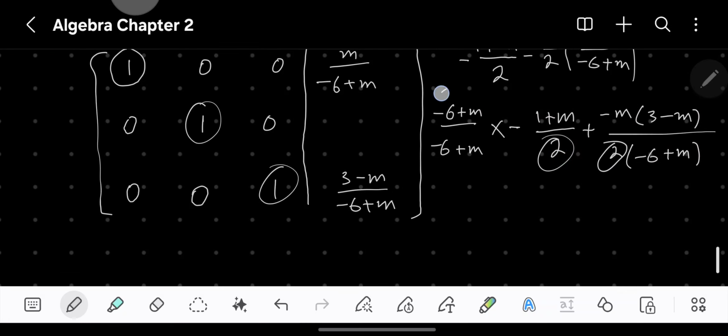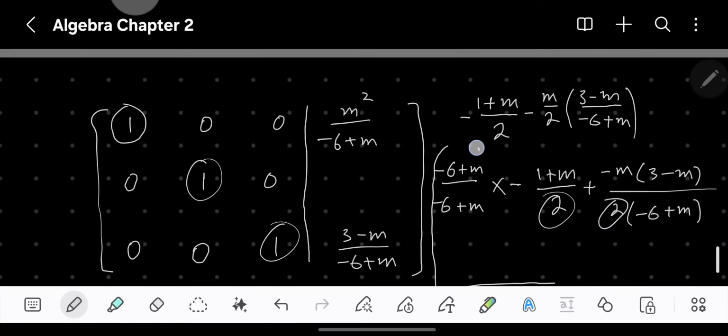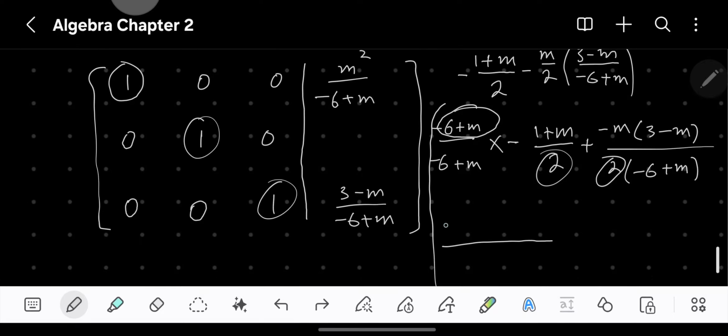Now let's do more calculations. So the first term, I will multiply this with this term. So minus 6 plus m times minus 1 minus m, because this minus will be multiplied with 1 as well as with m.